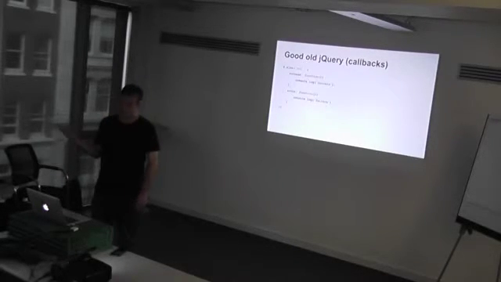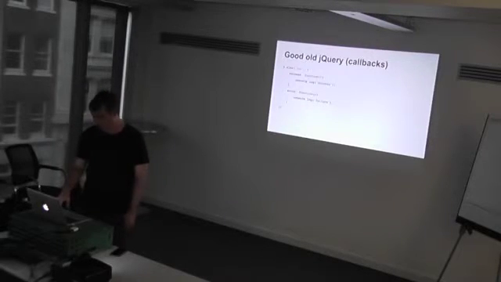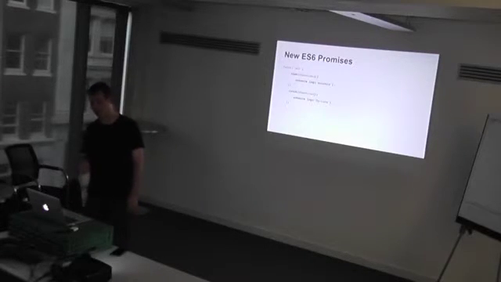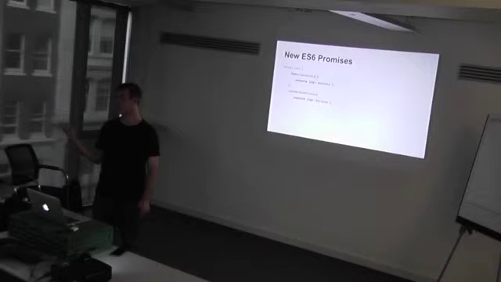So let's make an obvious comparison between promises and jQuery. This is the old structure of jQuery. Again, jQuery these days does support promises, so you can do it differently. I'm just trying to make a point here. So you have two callbacks, a success and an error callback, versus how you do fetching in the new ECMAScript 6.